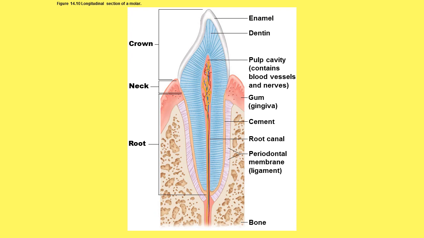The neck is the area that in a healthy individual you really should not see because it's right below the gum line. And then the root extends down into the bone. It's held in place by the periodontal ligament. And like I said, there is good blood supply and nerve supply up through the root, up and through that pulp cavity.